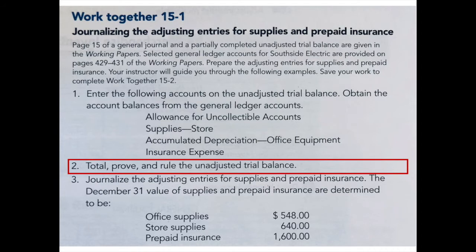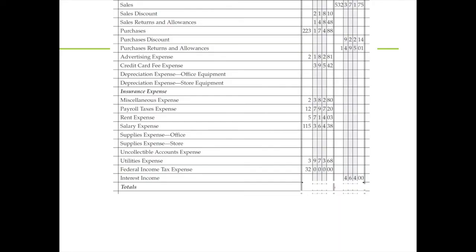Okay, next it says, number 2, total, prove, and rule the unadjusted trial balance. So you know how to total, prove, and rule. You will go to the bottom of your unadjusted trial balance, which is on page 428, because remember, it's a continuation problem. It just doesn't all fit on one page. When you total up, draw a single line.